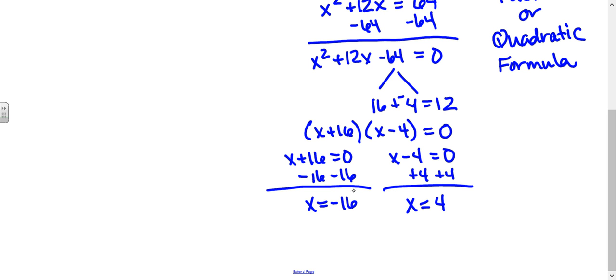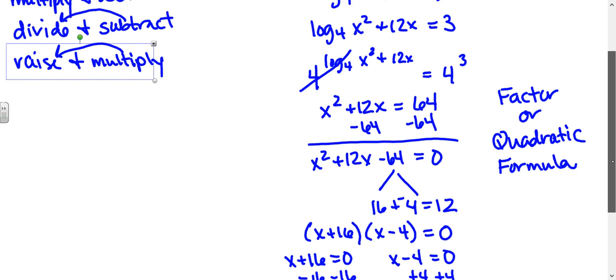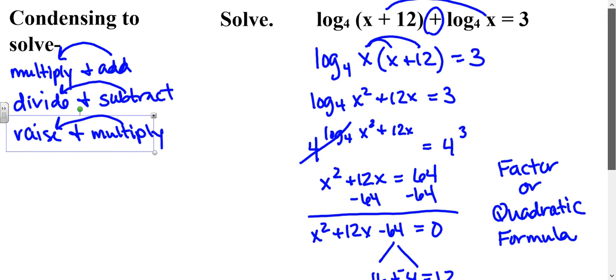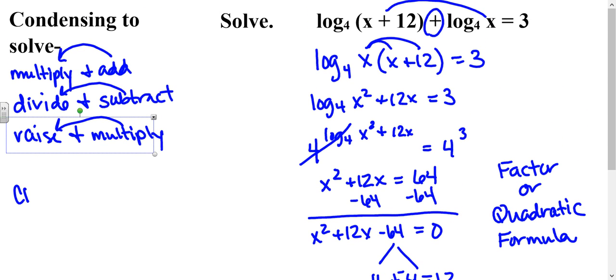Okay? So now I have to test, especially since I have two solutions, I really want to test to make sure if either of these are extraneous. So I'm going to come back up here and do a check. So first I'm going to check x equals negative 16.